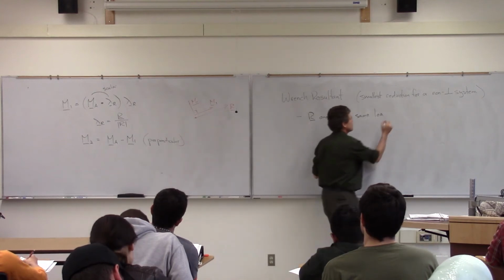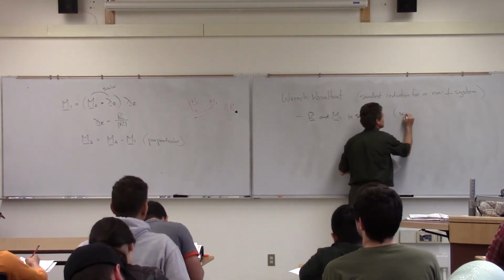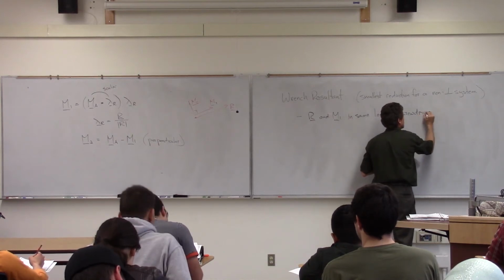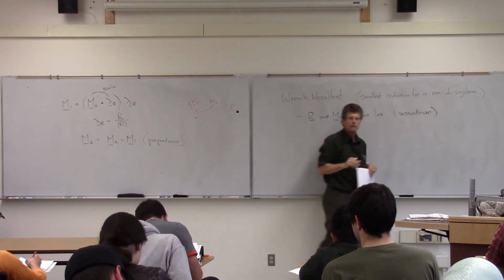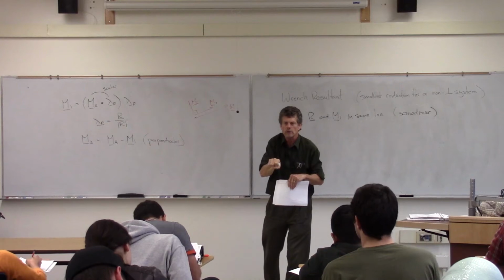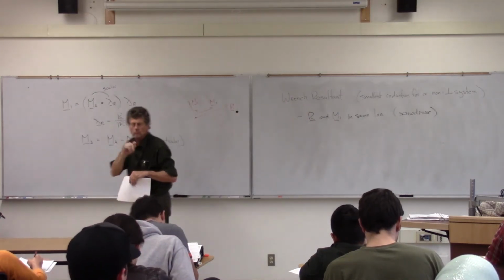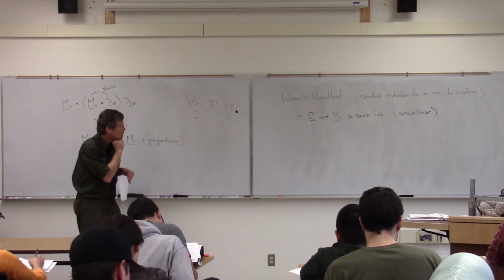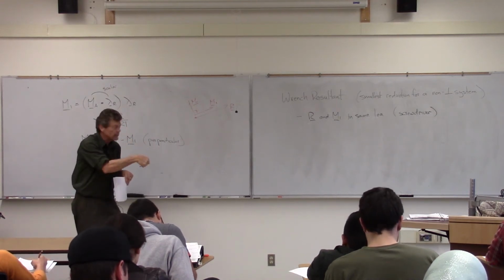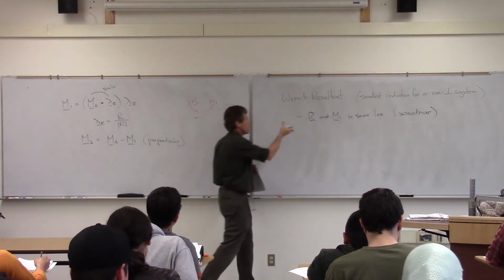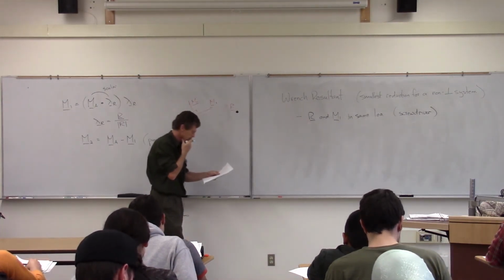And you actually see a physical example of this when you consider what you do with a screwdriver. You're putting force on it and you're twisting. So that's your R and your M basically in that same direction there. So you end up with a screwdriver effect there. That's part of our wrench resultant.